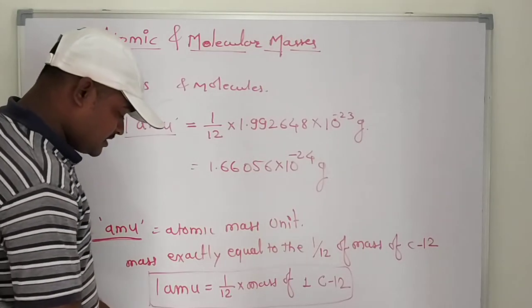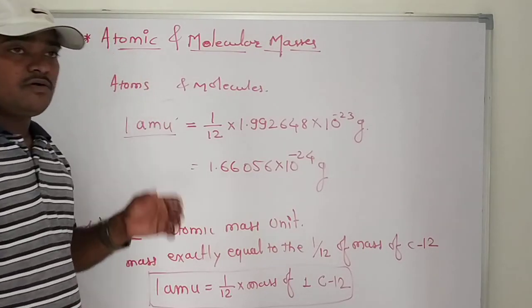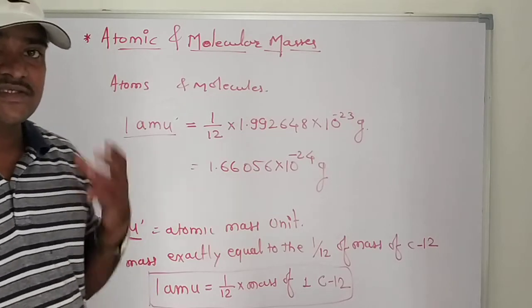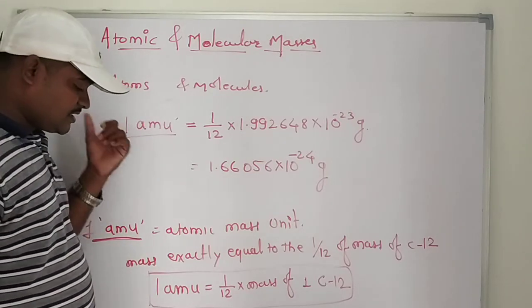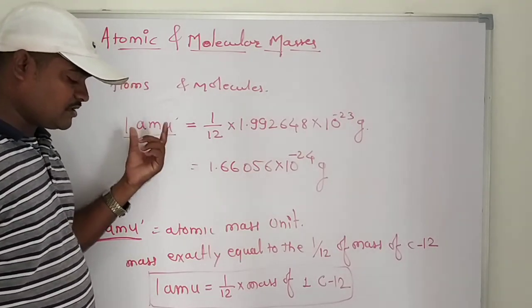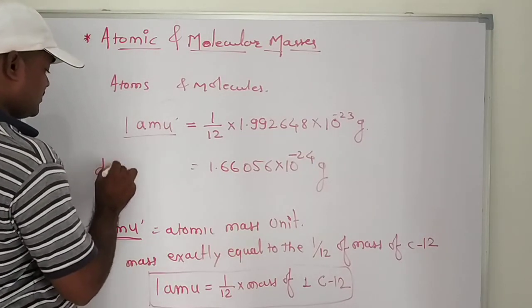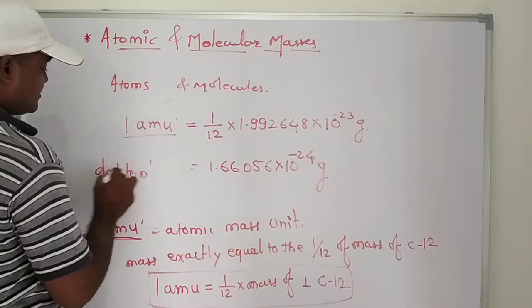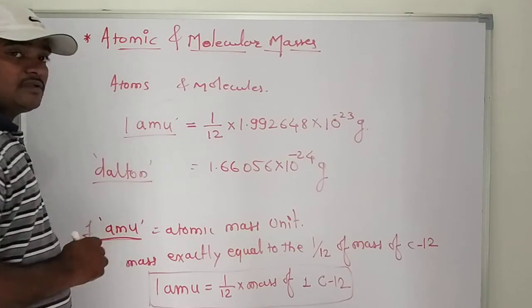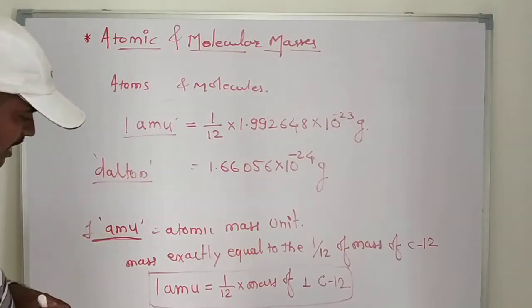Now students, recently this AMU unit is replaced by the unified unit which we are calling a Dalton. Means this AMU is replaced by another quantity which we are calling a Dalton.